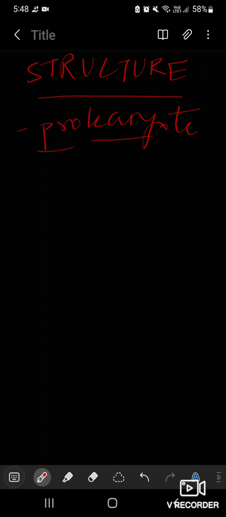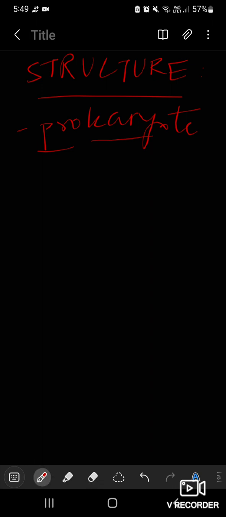So it does not contain a well defined nucleus because in the structure you would have seen it was like this, but generally there's a nuclear membrane with the chromosomal thread, or it could even look like this with the chromosome itself. So yeah, so the first word is prokaryote.